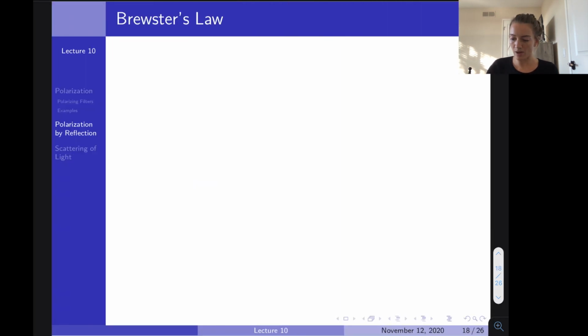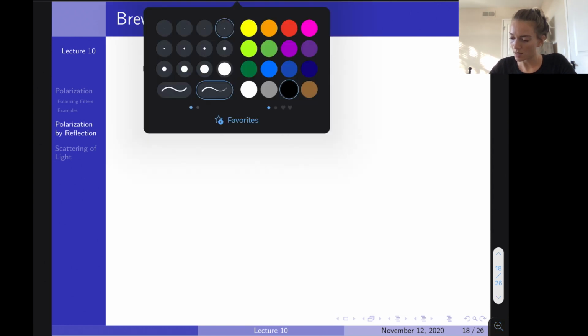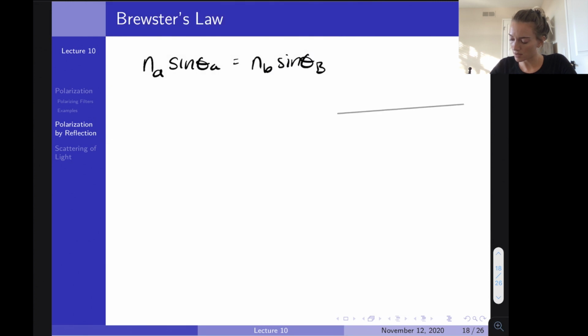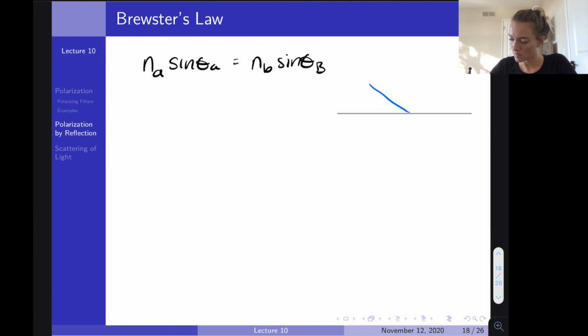And now we can derive this because we know from Snell's law that nA sine theta A is equal to nB sine theta B. I'll just draw it quickly here. So this is theta B, this is theta A, this is nA and nB.